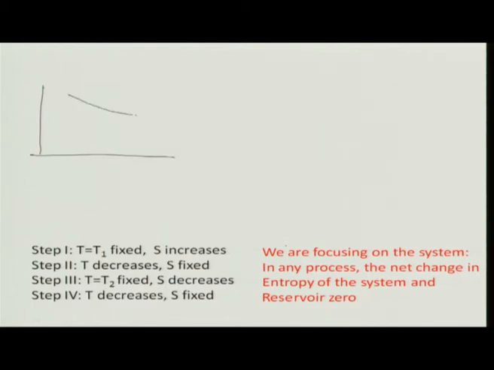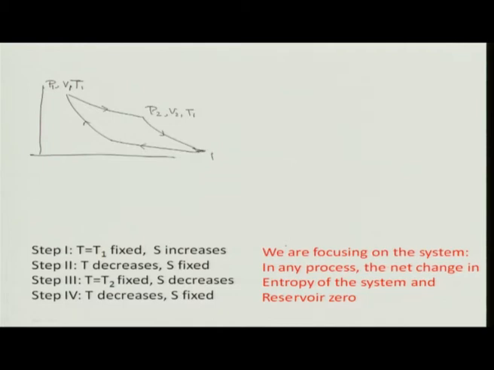So, this is my PV diagram. This was my step 1, step 2, step 3, step 4. I was starting from P1, V1, T1. This is an isothermal process that takes me to P2, V2, T1, followed by an adiabatic or isentropic process.